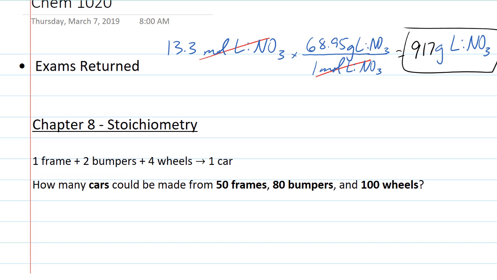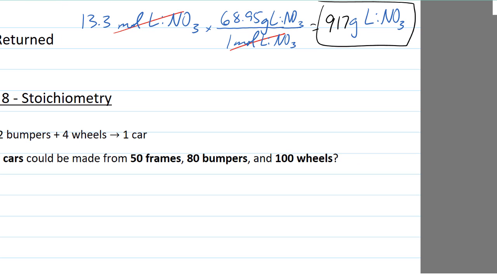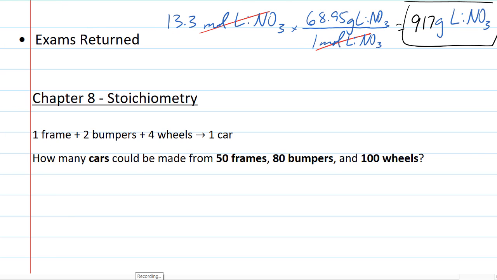It is a study of the mass relationships in chemical reactions. It's actually mass and mole relationships in chemical reactions. So I just said mass, but it's really the mass and mole relationships.